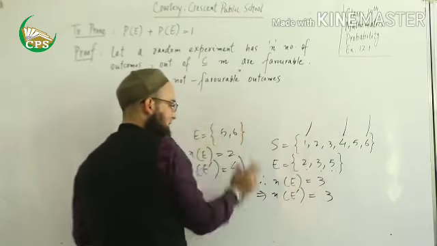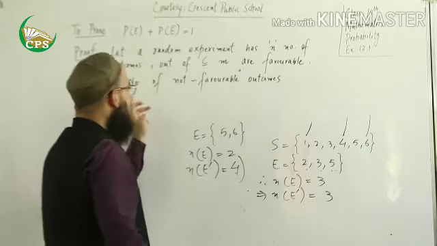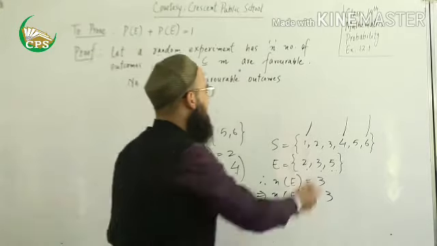So as here, if the random experiment has n number of outcomes, out of which m are favorable, the number of not favorable outcomes is equal to total minus favorable, that means n minus m. Very simple.